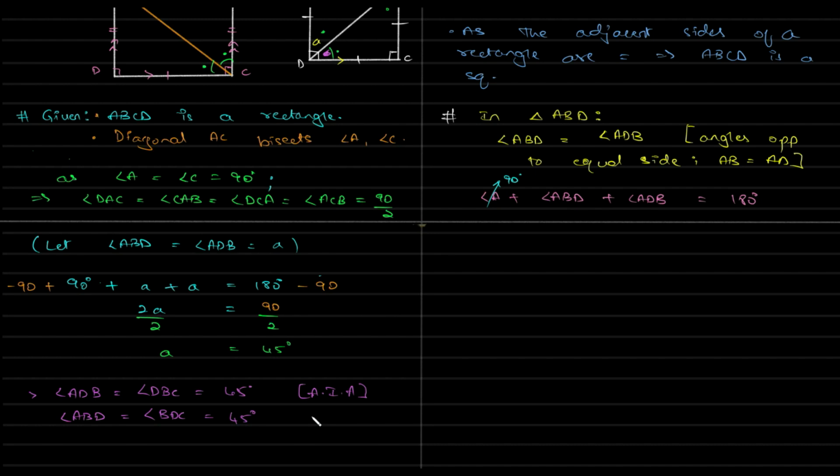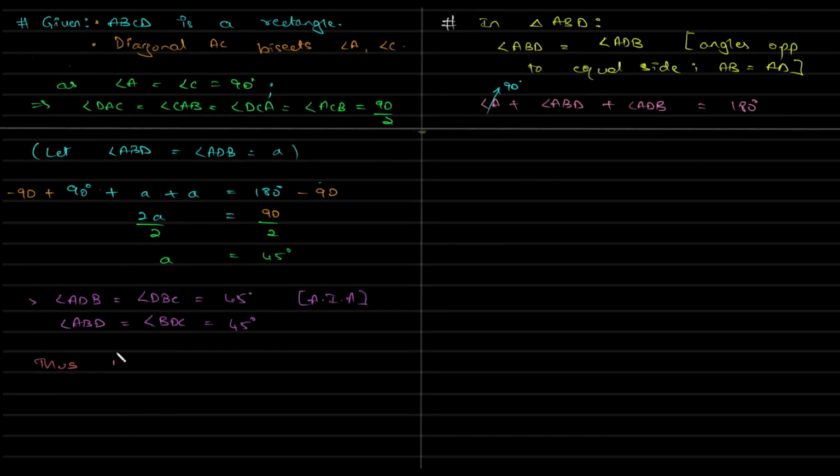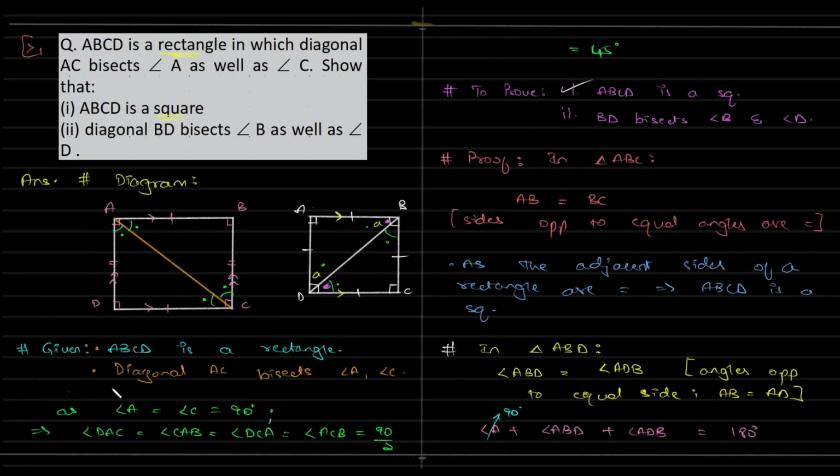Those two are 45 degrees. Same reason, and thus BD bisects angle B and angle D. Okay, so we have proved both of these. Yeah, that's it.